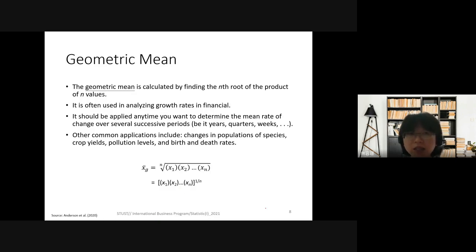Next is the geometric mean. The geometric mean is also calculated by the root: you find the nth root of the product of the n values. It is usually used to analyze the growth rate in financial data.